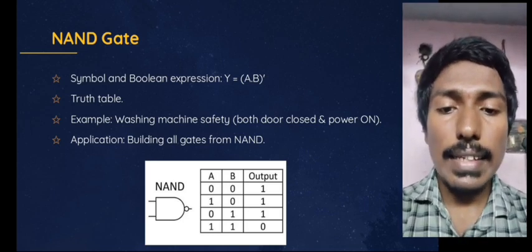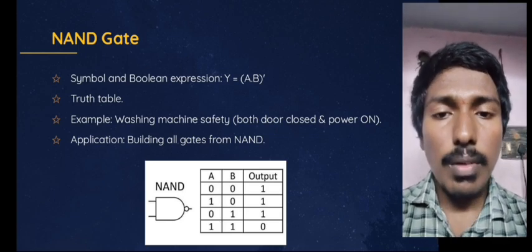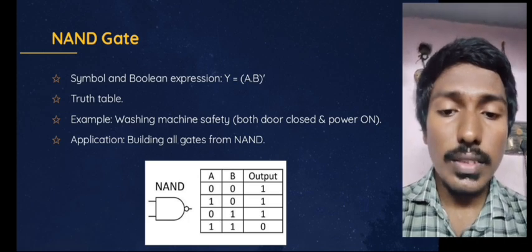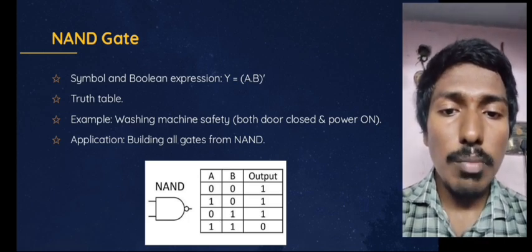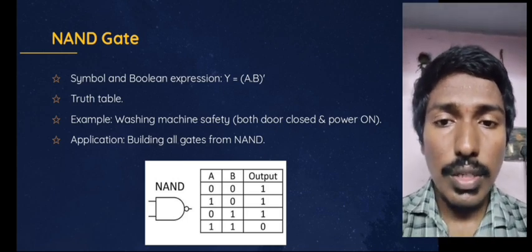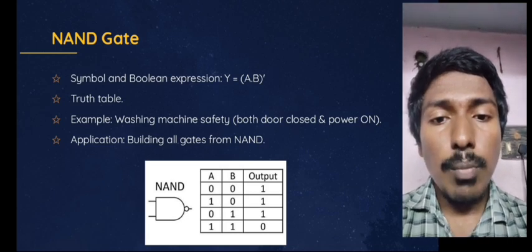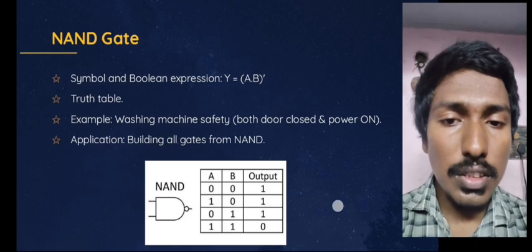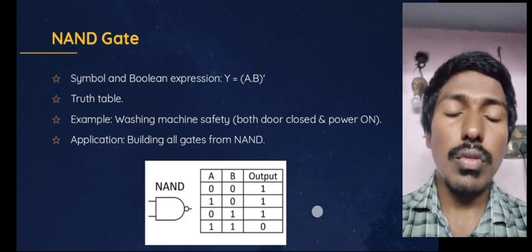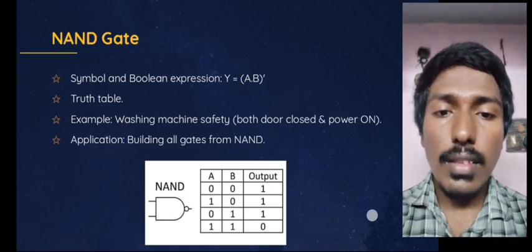We can build it with AND and NOT gates. Also the truth table: the output is 0 only when both inputs are 1. We observe in the truth table that when both inputs are high, the output is 0 in the NAND gate. If any input is low or both are low, the output is 1.